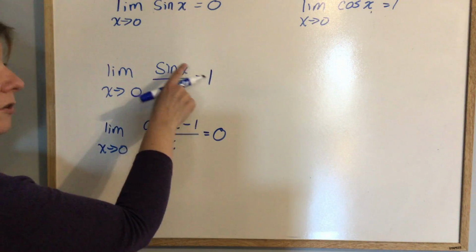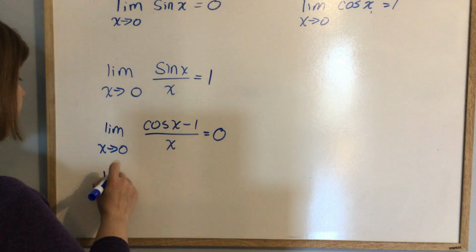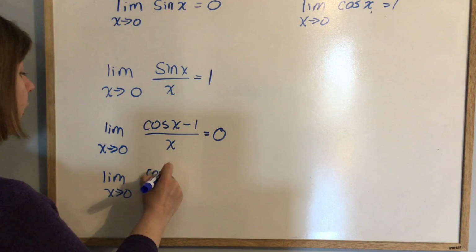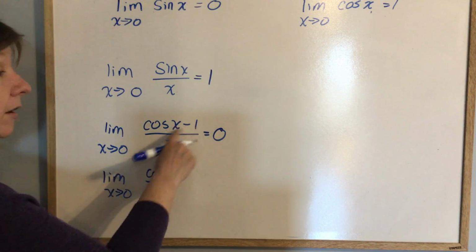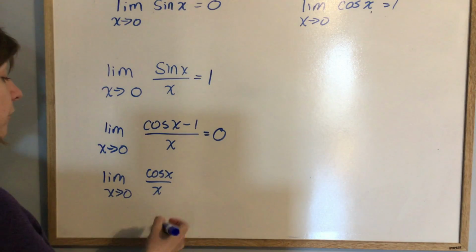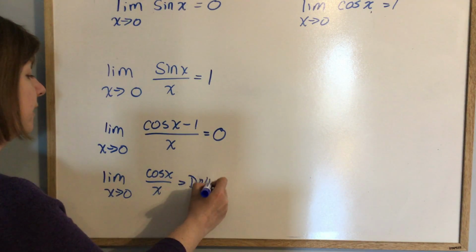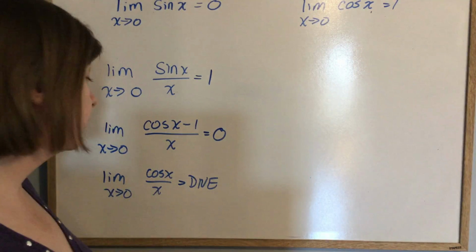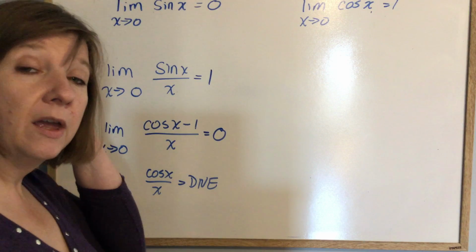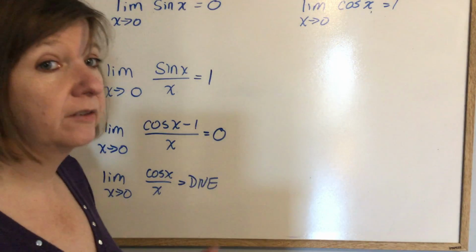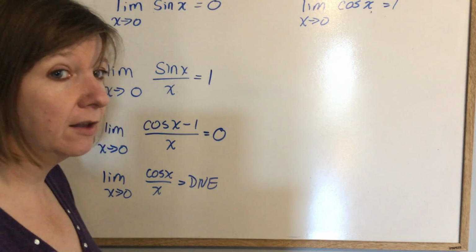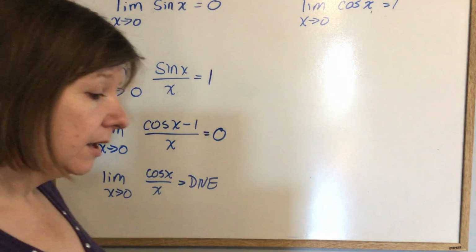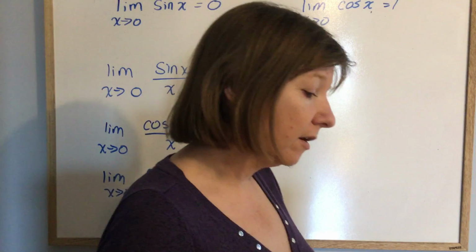So the counterpart to this one, the limit as x approaches 0 for cos x minus 1 over x, instead just cos x over x, it doesn't exist. Because if you go close to 0 on the negative side, or if you go close to 0 on the positive side, you actually end up with 2 different answers. Remember your left-hand and right-hand limits, if they're not the same, it means it actually doesn't exist.